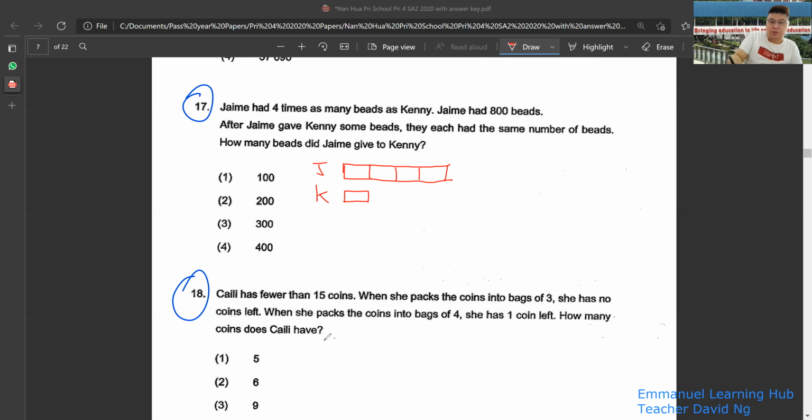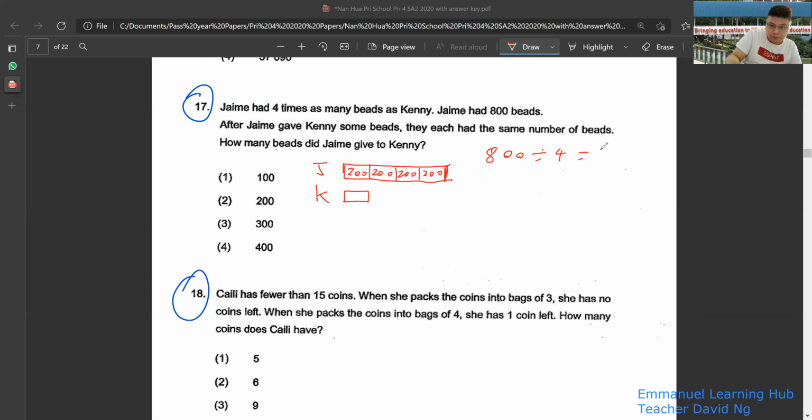Jamie had 800 bits, right? So each one represents 200, isn't it? Do you understand how I get 200 for each? 800 divided by 4.